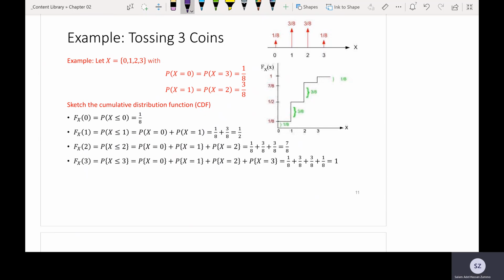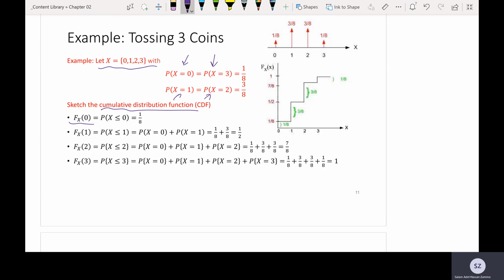So here, the same example, x is 0, 1, 2, 3, and we have found already that the probability of x equals 0 and 3 is 1 over 8, and the probability of x equals 1 and x equals 2 is 3 over 8. So now, in order to find the cumulative distribution function, CDF, we find F_X of 0. What is F_X of 0?